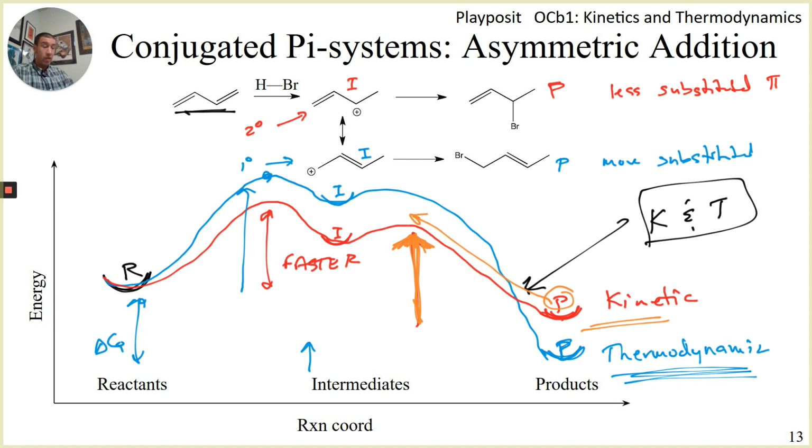And if it reverses, some small amount is going to make it up on the thermodynamic product scale. So high heat and long time, I get thermodynamic. Okay? And it's because of the reversibility now of the kinetic. So if I want the kinetic product, drop the heat, run the reaction short times.